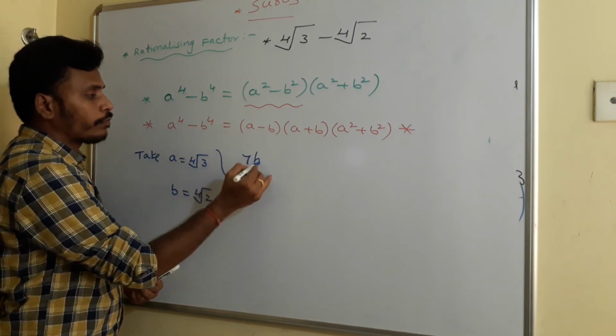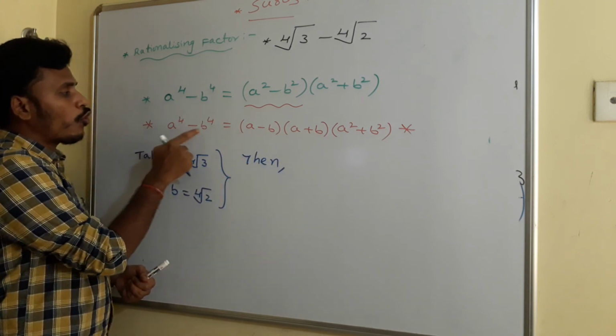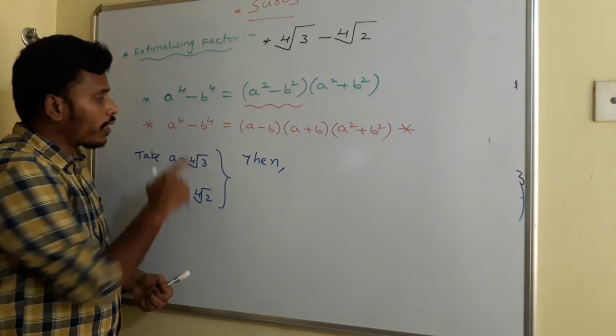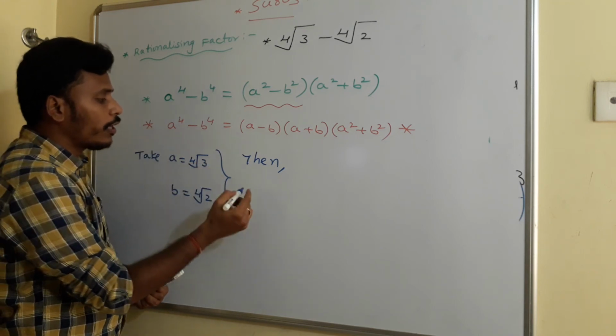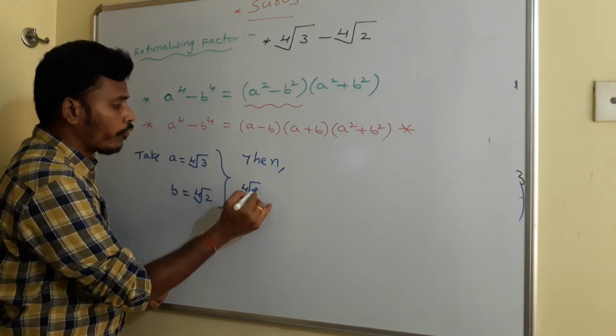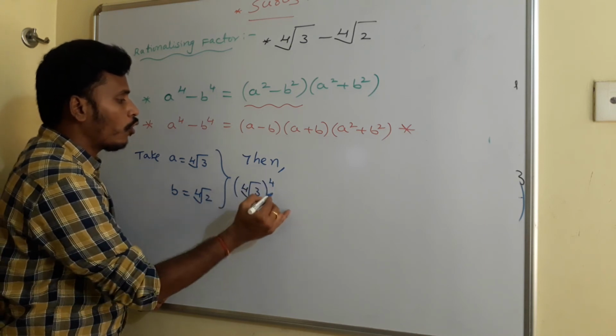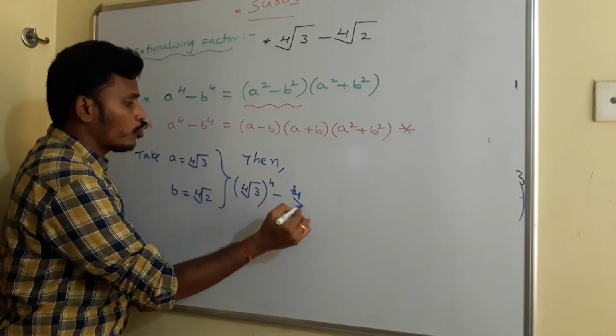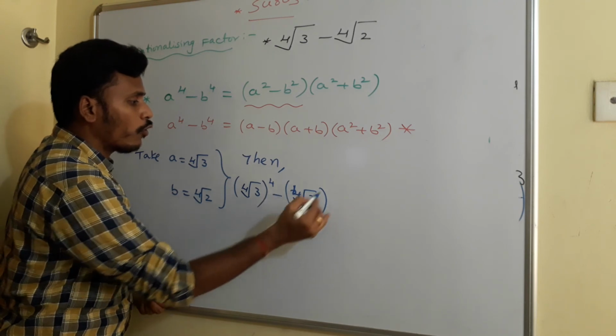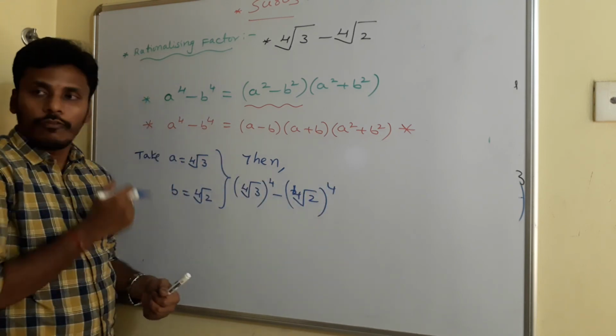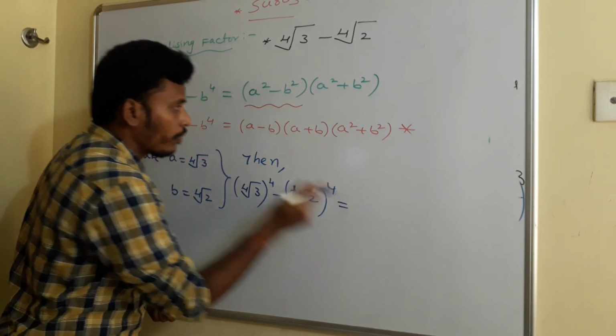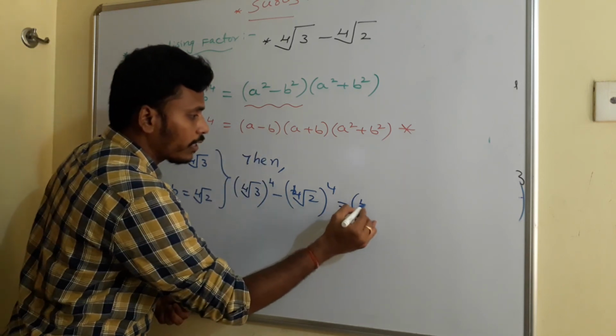Then a power 4 minus b power 4. So what is a power 4? Fourth root of 3 to the power 4 minus fourth root of 2 to the power 4. a power 4 minus b power 4 is equals to a minus b. What is a minus b?